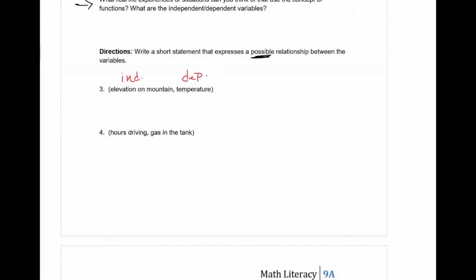So here we want a relationship that's going to represent the relation between the elevation on a mountain and the temperature. So what happens to the temperature in relation to the elevation? Right, the higher up on the mountain you go, the colder that it gets. Okay, the higher the elevation, the lower the temperature.